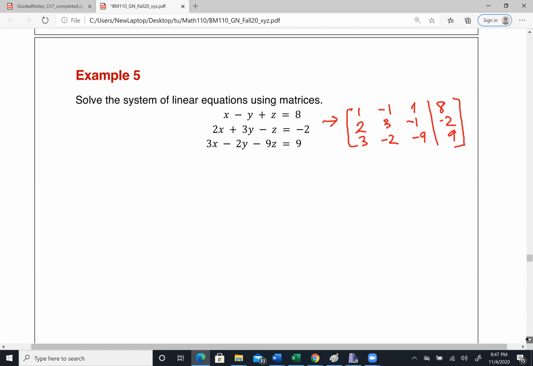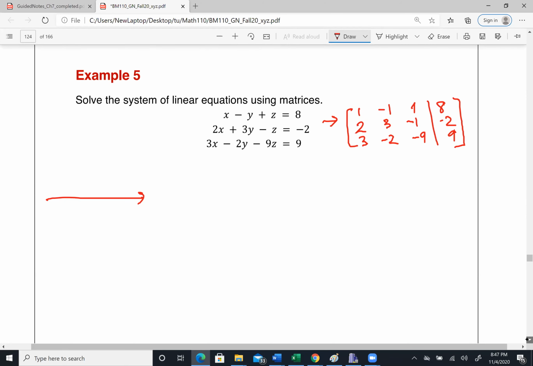Now, I will make it quick. I'm going to right away use step 1, because for the first step, this one is already a leading 1, so I'm going to skip that step.